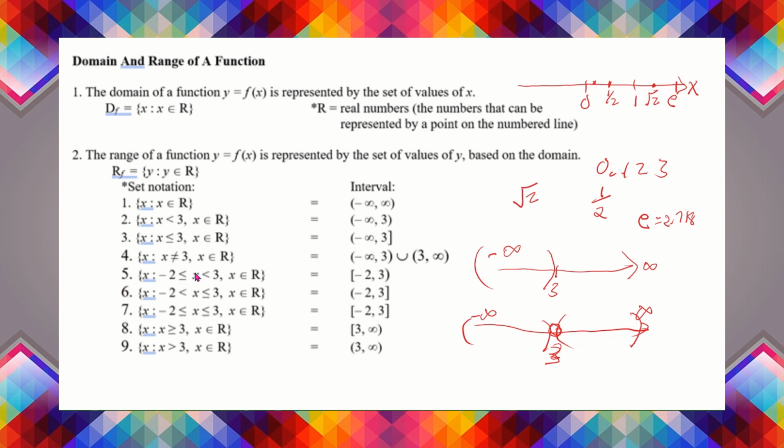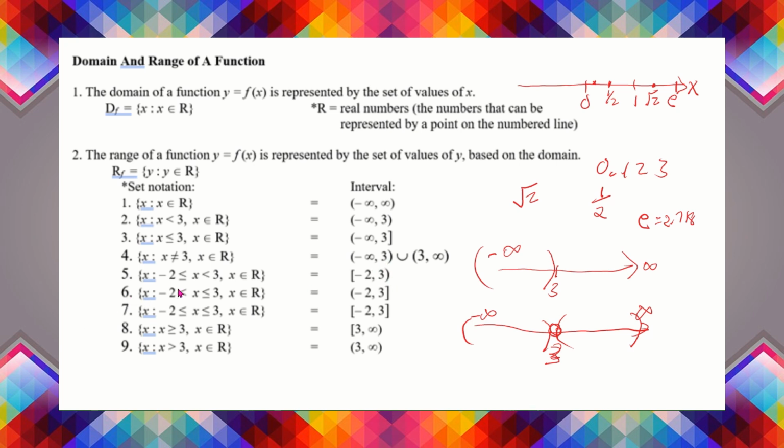Then number 5, if you want to say that x is in between two numbers, one is negative 2, one is 3, where negative 2 is included and 3 is not included. When we use interval form, since negative 2 is included, beside the negative 2 is a square bracket, and 3 is not included, so beside 3 is a round bracket.